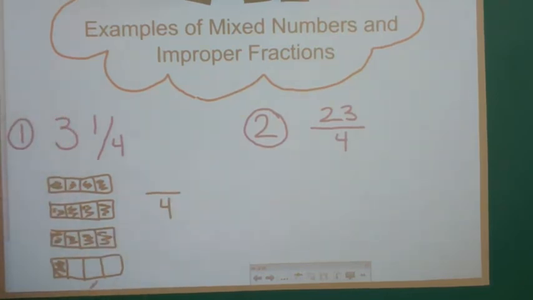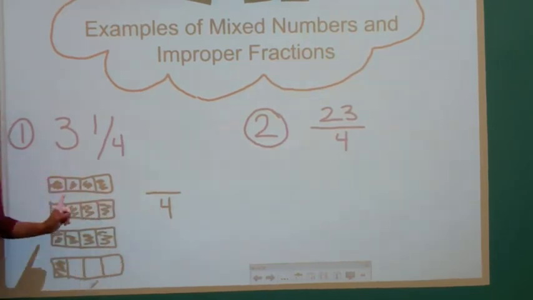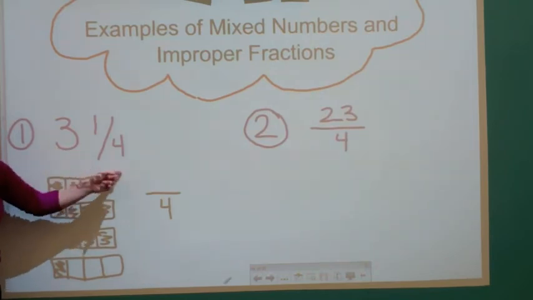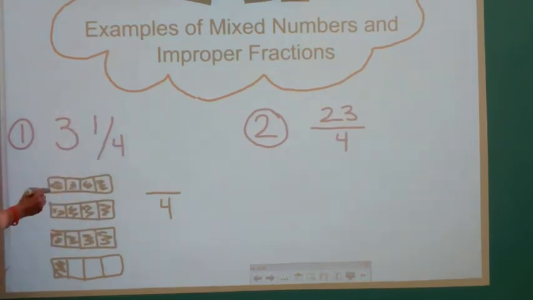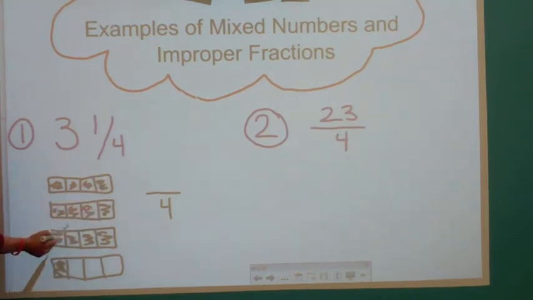So now what I do is I count all of the pieces that are shaded, but I still keep my denominator 4 because that's how many pieces are in one of my bars. So watch as I make an improper fraction from this mixed number. I have 1, 2, 3, 4, 5, 6, 7, 8, 9, 10, 11, 12, 13 pieces colored.